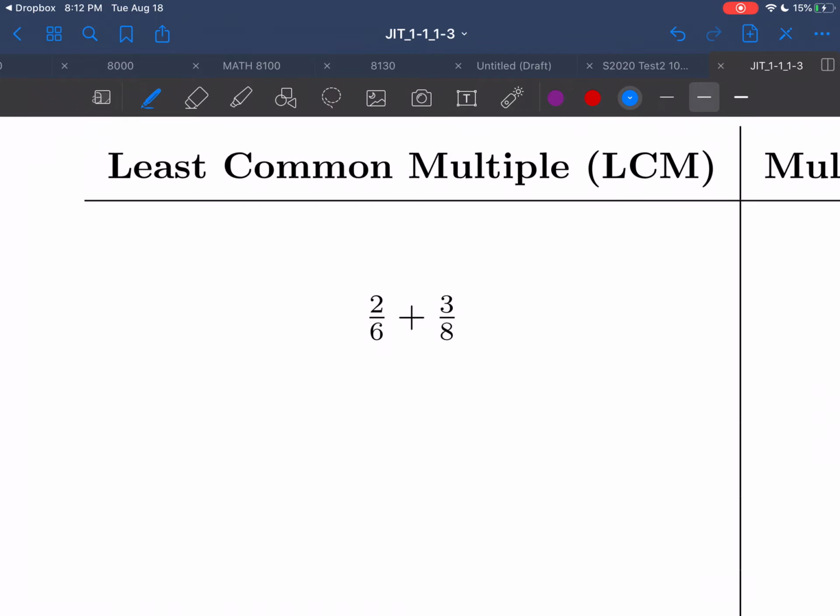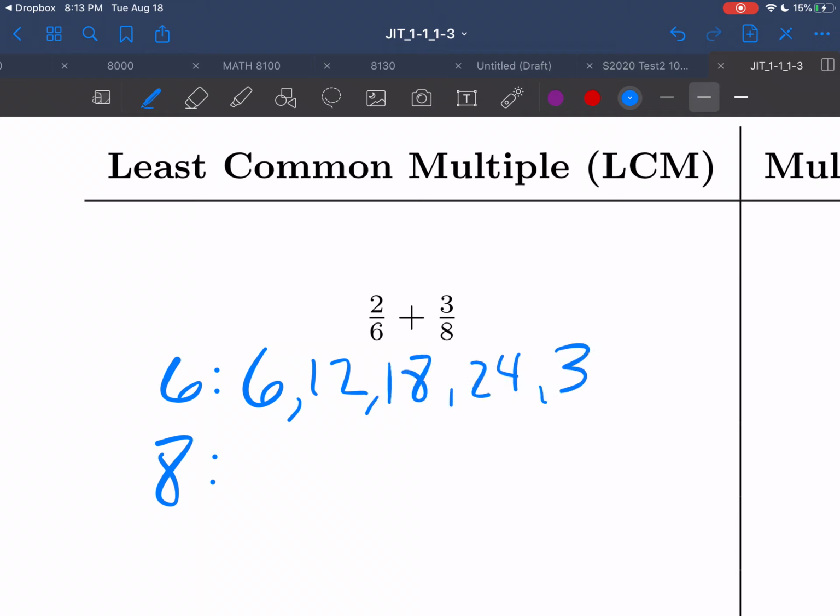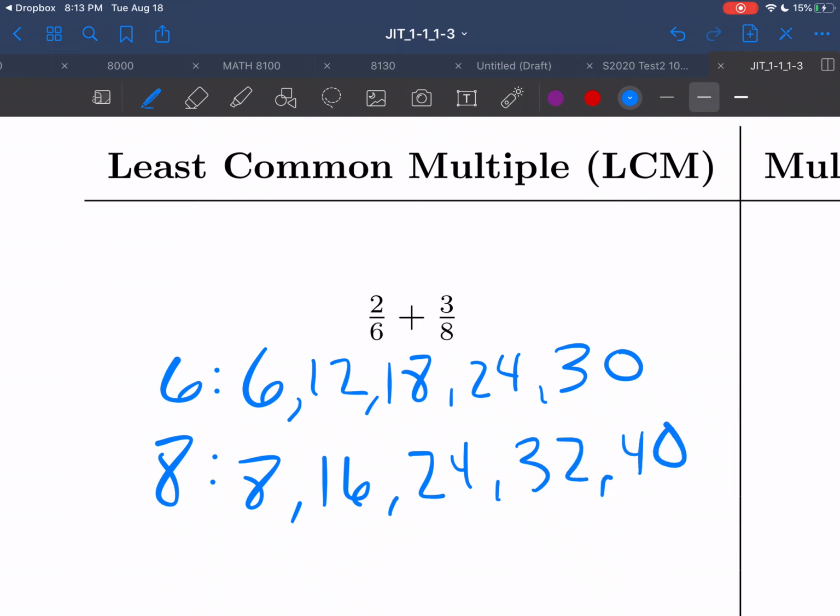Okay. So with the least common multiple, we'll take our two denominators, 6 and 8, and list out their multiples. If I were to look at my multiplication facts for these, that would be my multiples. So for 6, it'd be 6, 12, 18, 24, 30. For 8, it'd be 8, 16, 24, 32, 40.